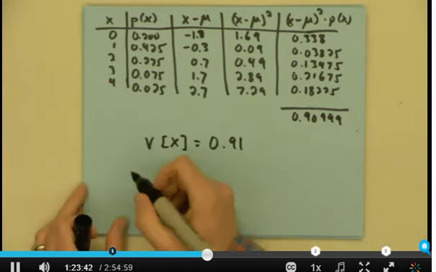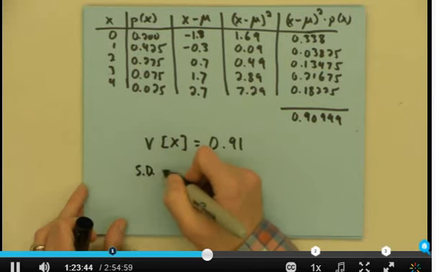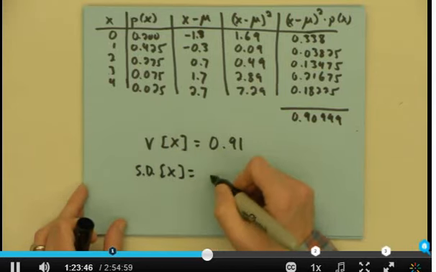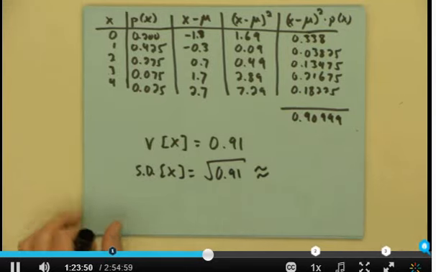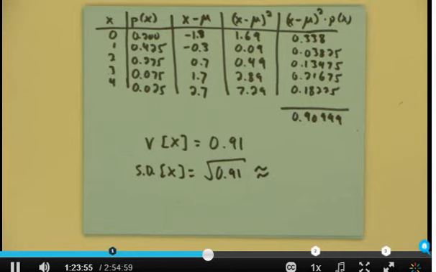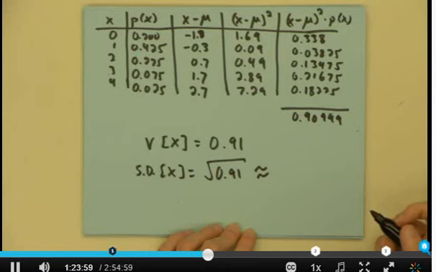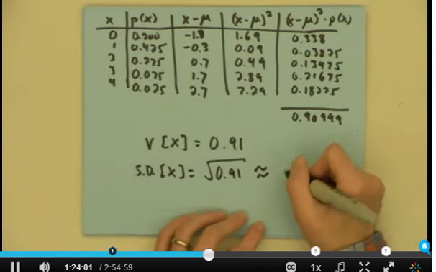And then the standard deviation is the square root of that. And I get 0.9539.